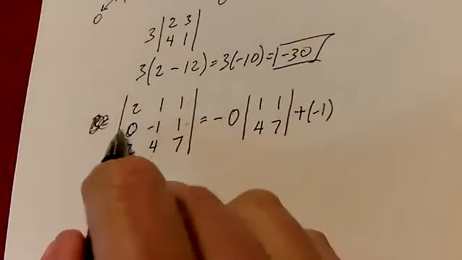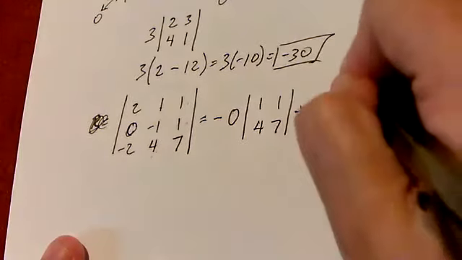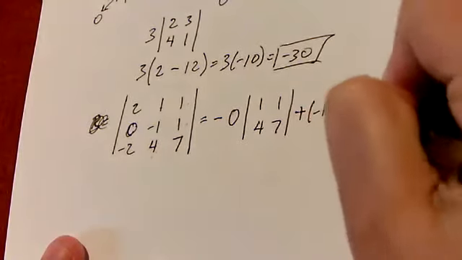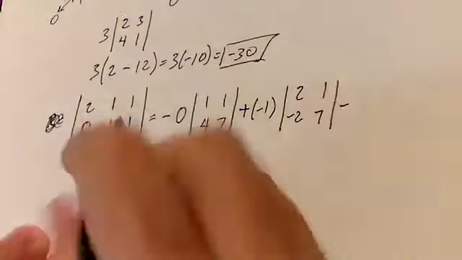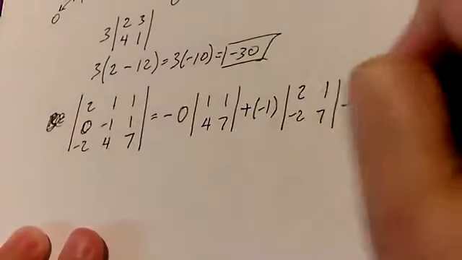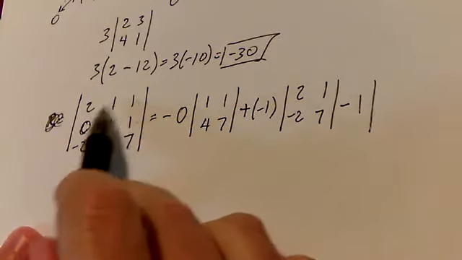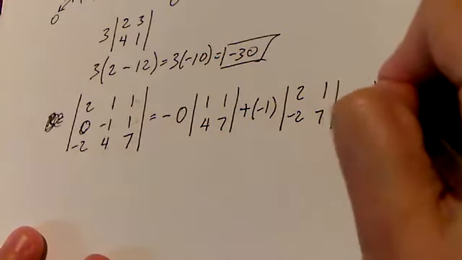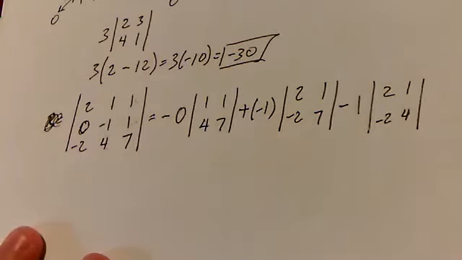Again, ignore the column and row, so I get 2, -2, 1, 7. And then the last one, this is going to be minus, third coordinate here is 1, times the determinant. Again, ignore the column and row. So I get 2, 1, -2, 4.